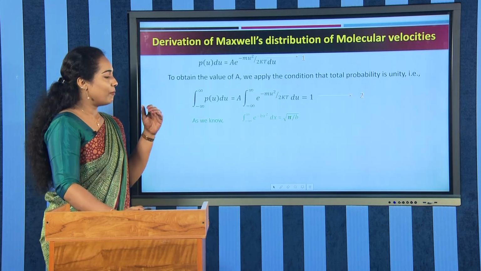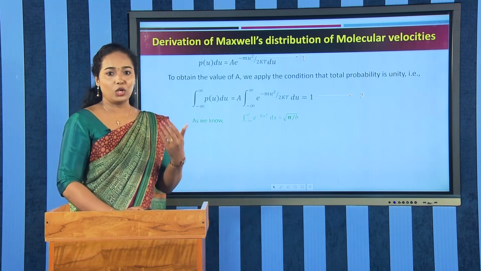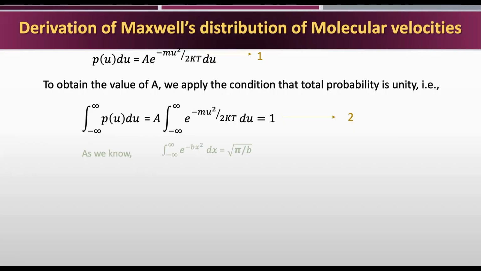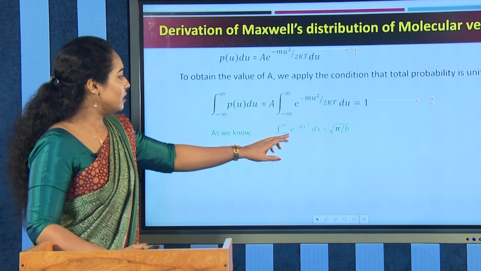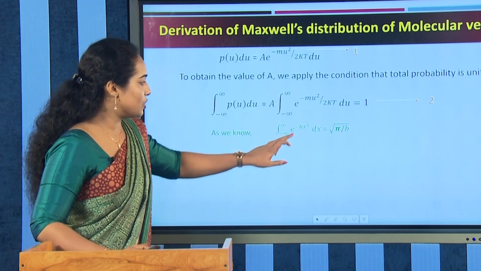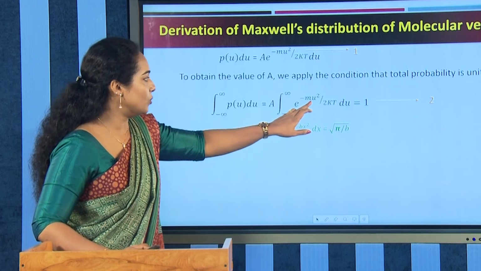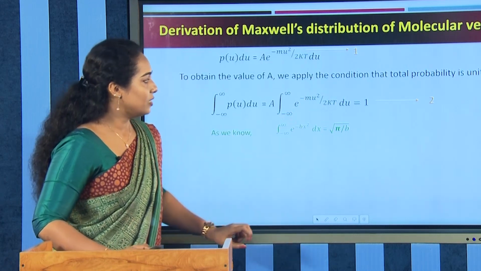Okay. And you might have already studied in your lower classes that the integral from minus infinity to infinity of e raised to minus b x square dx has the value root of pi by b. And here, when we compare this with our condition, we have b equal to m divided by 2kT.